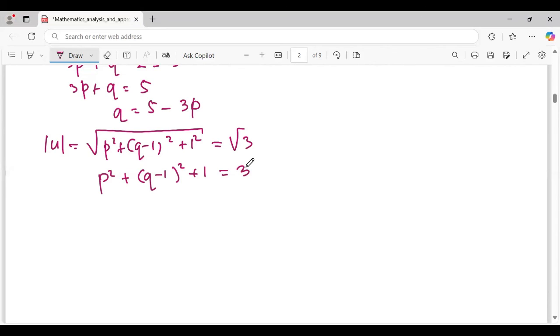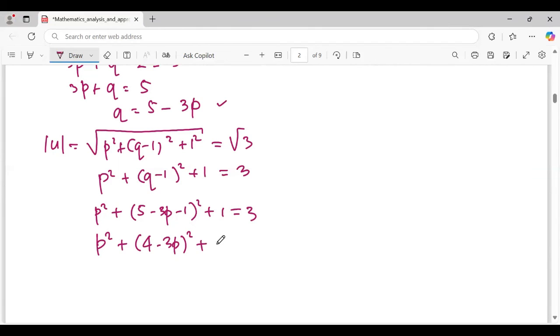Now substitute this equation into this equation. So it's going to be p squared plus 5 minus 3p minus 1 squared plus 1 equals 3. Becomes p squared plus 4 minus 3p squared plus 1 equals 3.